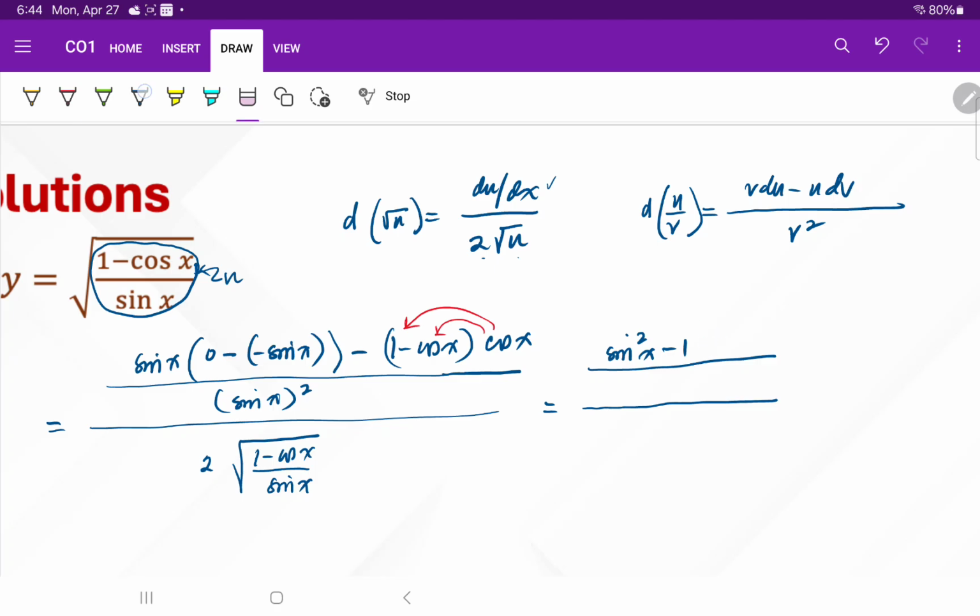So it should give you plus cosine square x. Minus 1 minus minus plus over, this is actually sine square x. And then the denominator can be written as 2 square root of 1 minus cosine x over sine, square root of sine of x.